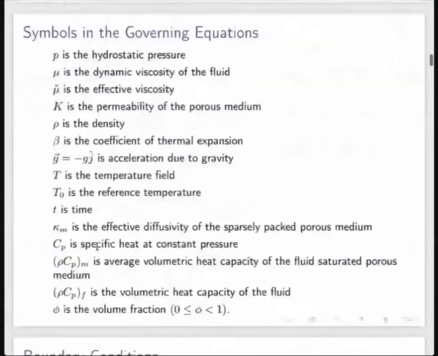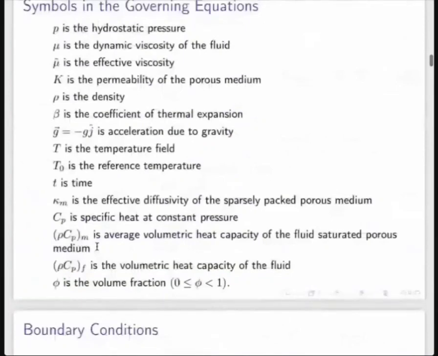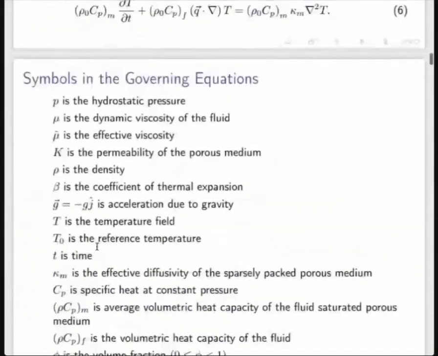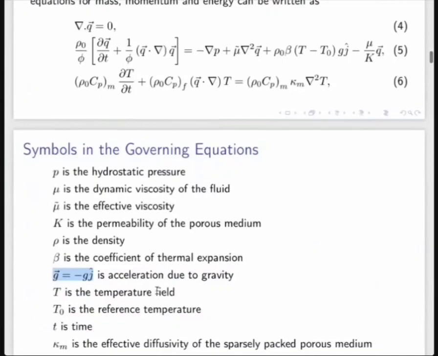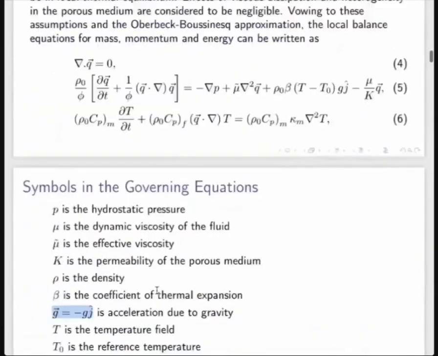So let me now move forward. I have told you briefly what are the symbols that are existing in this particular equation, and we need to know that the acceleration due to gravity is acting vertically downwards in the negative y direction. All right.